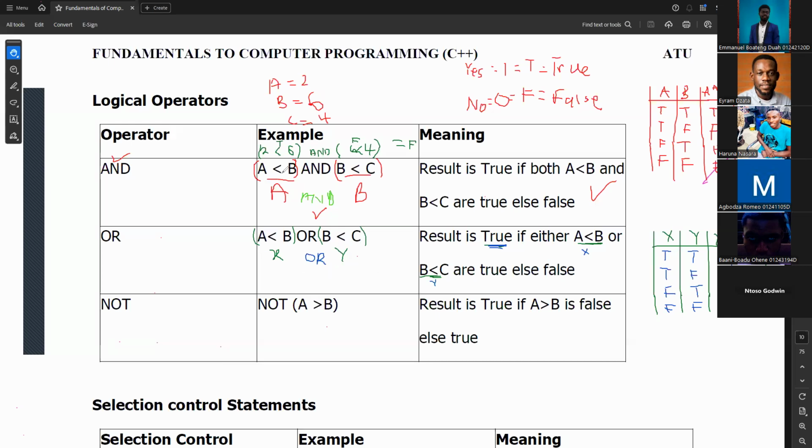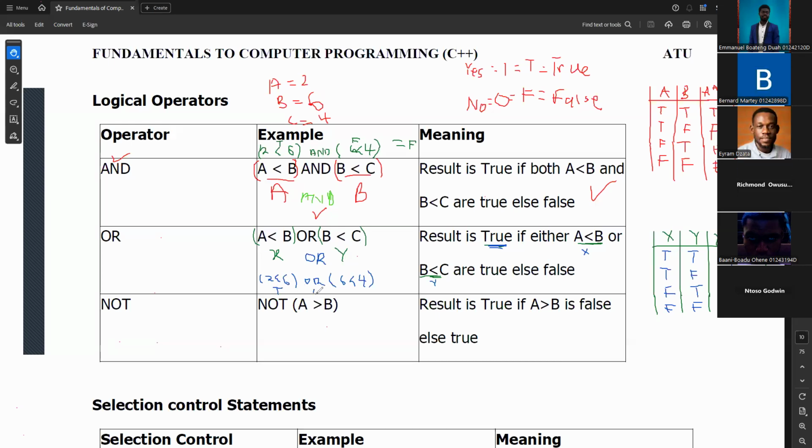So let's put this in our example and see. In our example, we said A is 2. So 2 is less than 6, or 6 is less than 4. 2 is less than 6 is true.